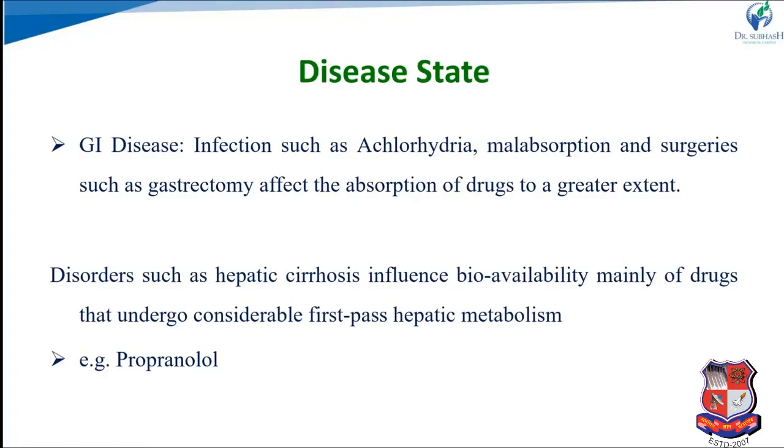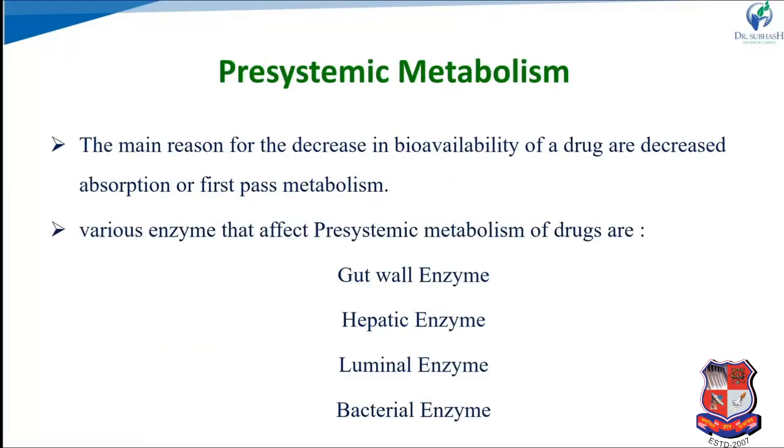Disorders such as hepatic cirrhosis influence the bioavailability of drugs that undergo considerable first pass hepatic metabolism, for example propranolol. So if disease conditions are present, the absorption process also alters.